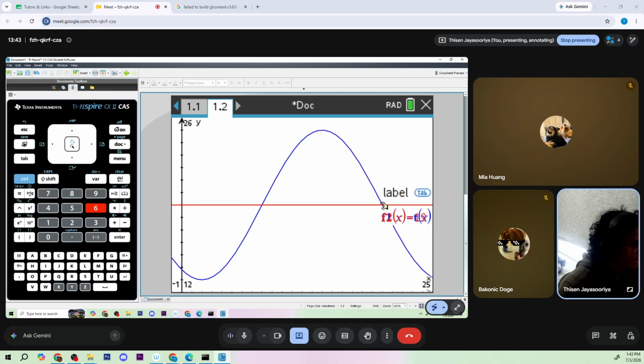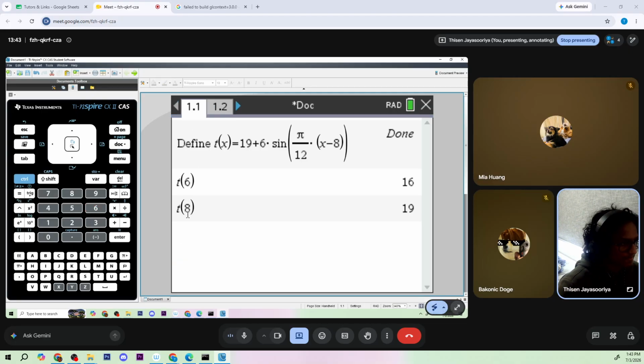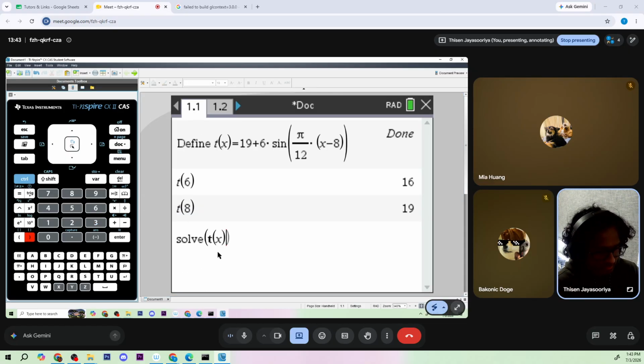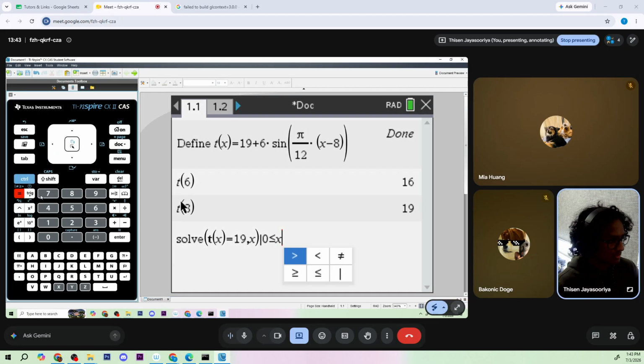Here I want to find these two points, and I just want this upper section. So what I can do is 3, 1, and I can do t of x equals 19, comma, x, where x is between these two values.